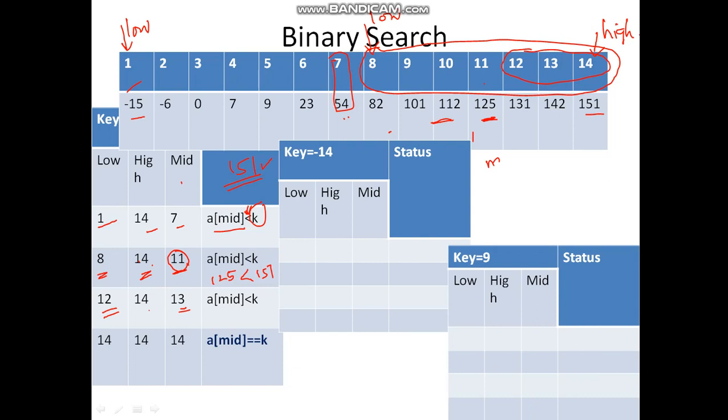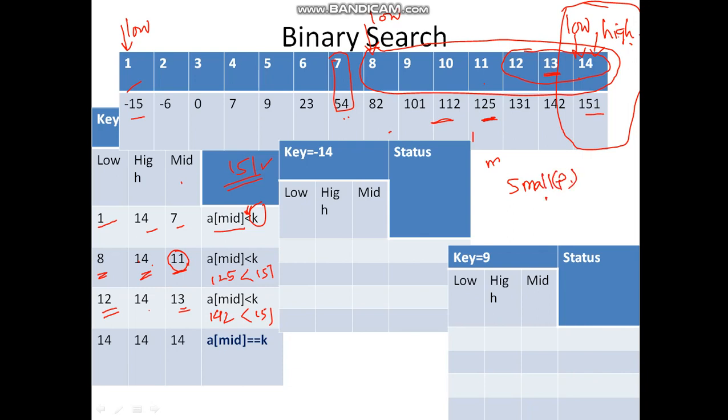At 13, 142 is there. A of mid is 142, and it is less than 151. So again I shift low to mid plus 1. Mid is 13, and mid plus 1 is 14. So this is low. This indicates that I have a single element, where low is equal to high. This means my problem definition has only one element. Now it is a small problem.